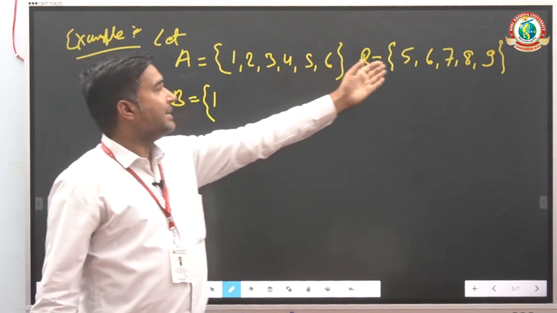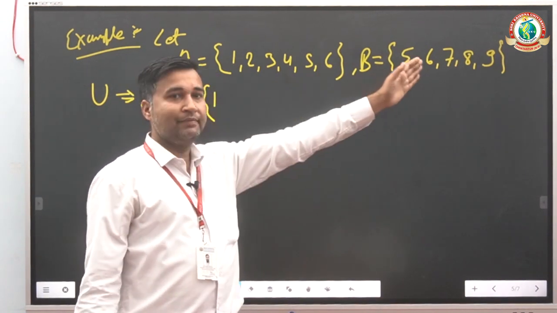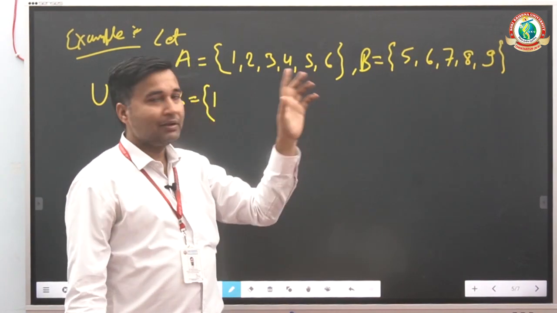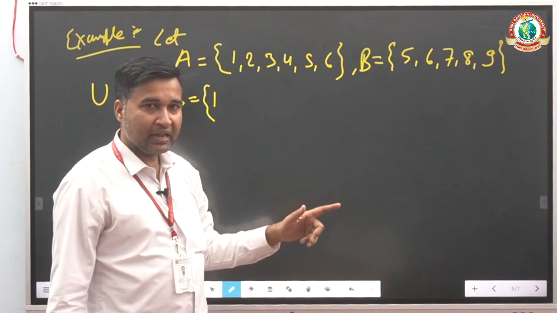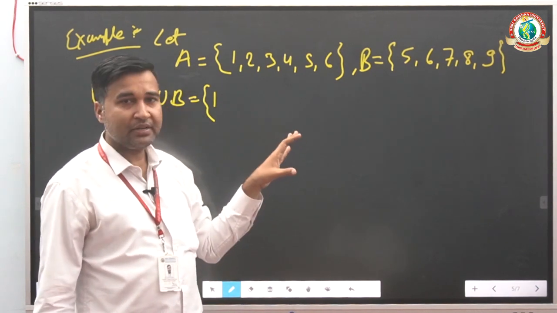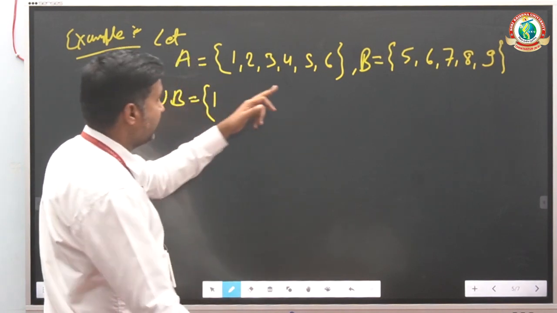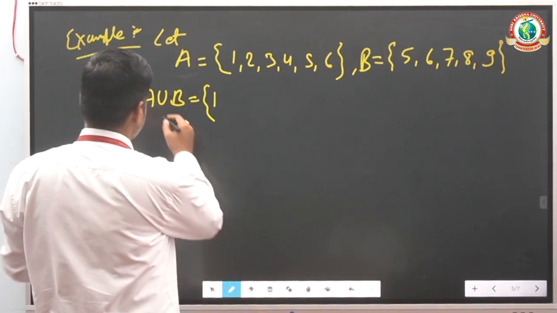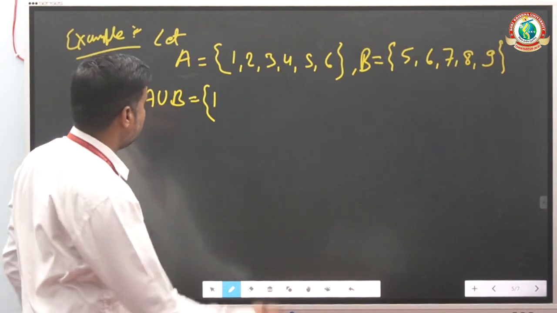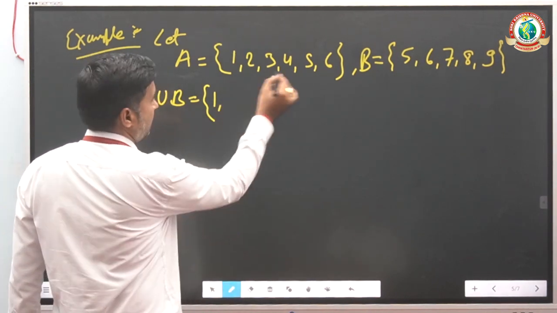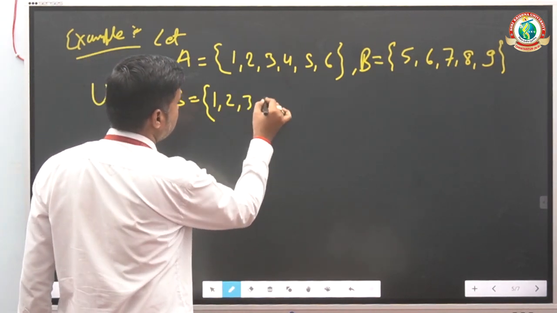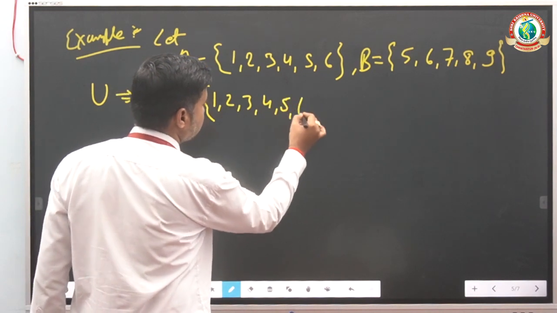If any elements are common in A and B, then we will take them only once, not twice. So what will A union B be? A union B is 1, 2, 3, 4, 5, 6.